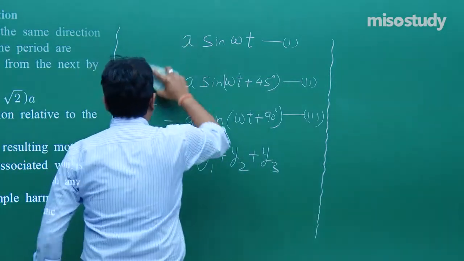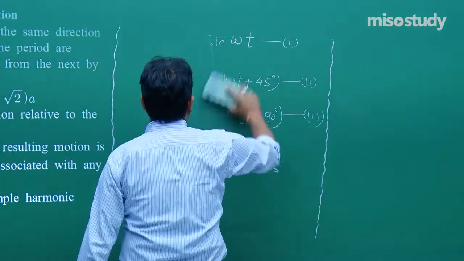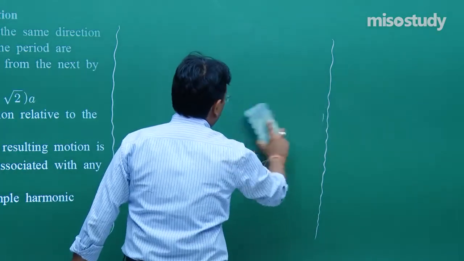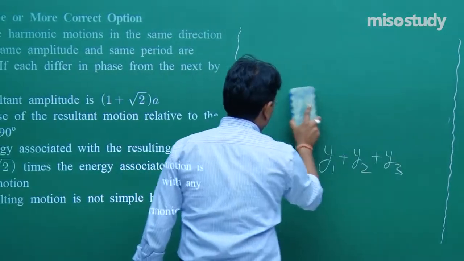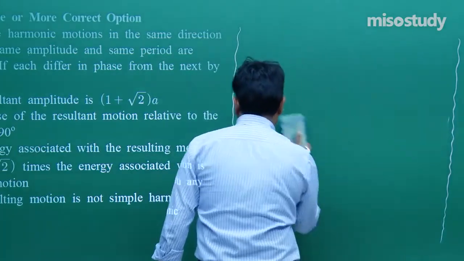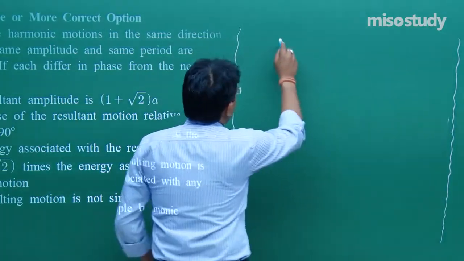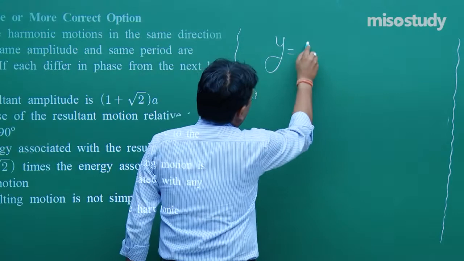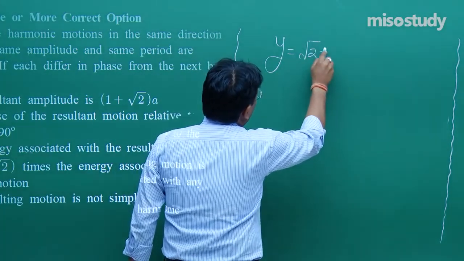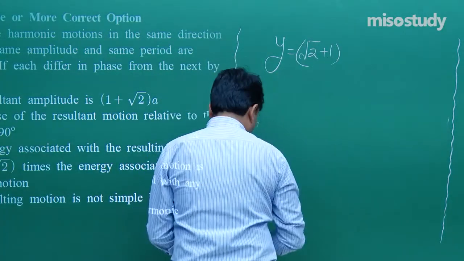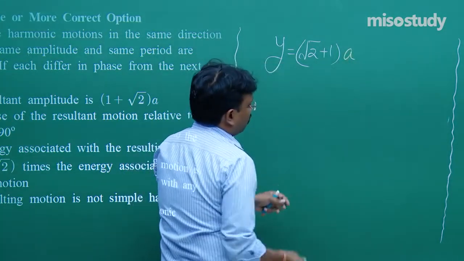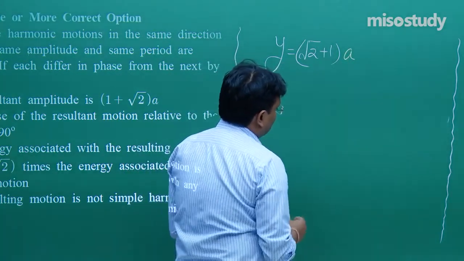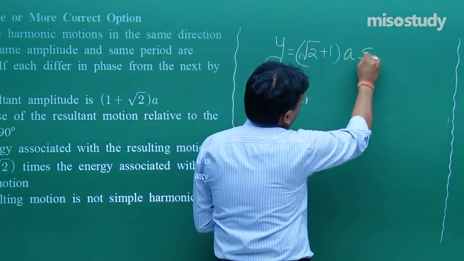Let's use this space because I have to show you again and again these options in the solution. If I move away, it's going to be difficult for you. First step I explained over here. So finally y is equal to root 2 plus 1, then a sin omega t plus 45, the way I mentioned.